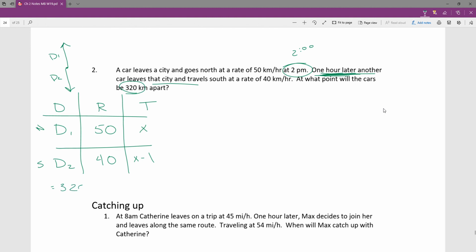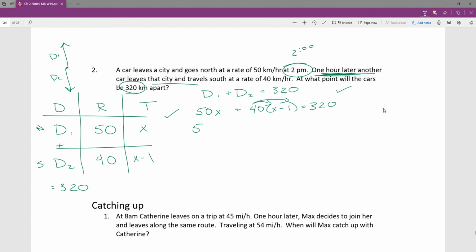And so because it gives me a total, that tells me that the framework is that it's the sum of these two distances traveled. So distance 1 as an expression is 50 times x, and distance 2 is 40 times x minus 1, and that adds up to 320. So I've got my let expressions, I've got my equation, now I need to solve it.